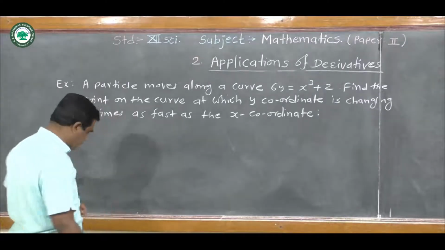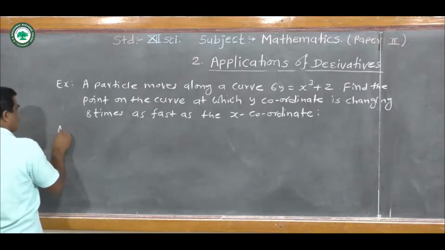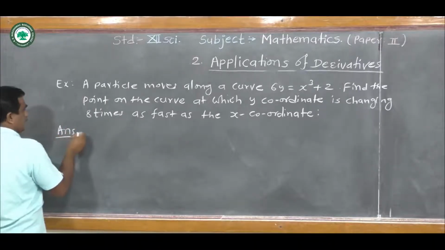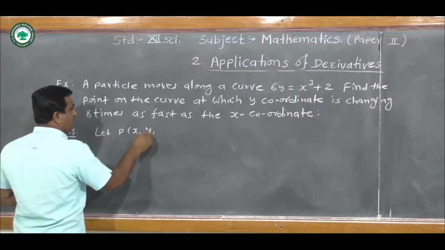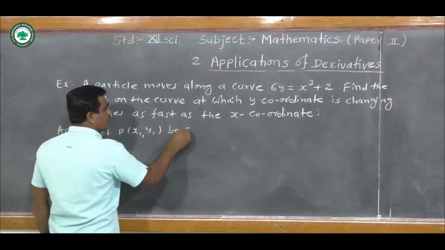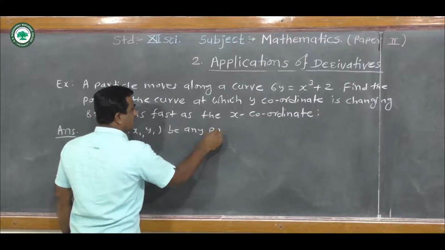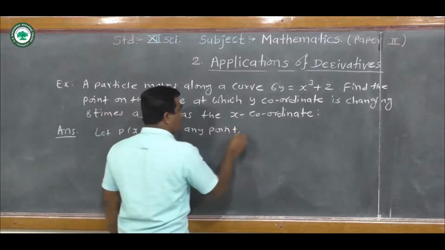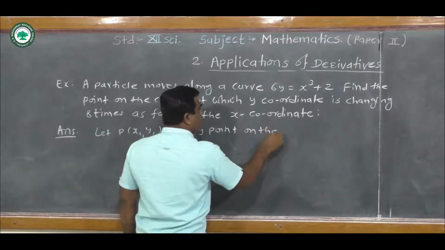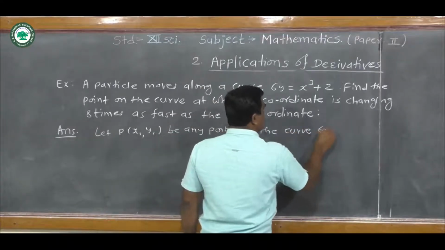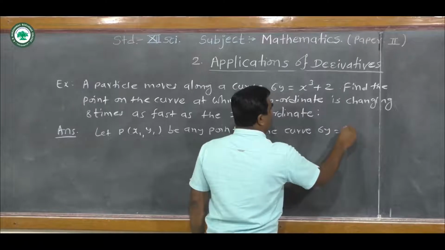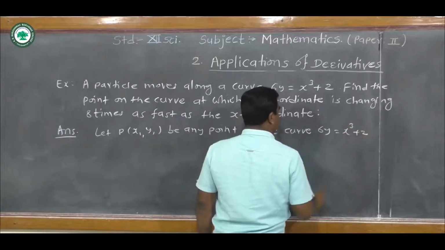Okay, now we see the answer for this. Consider first the answer. Let P(x1, y1) be any point on the curve 6y equal to x cube plus 2.